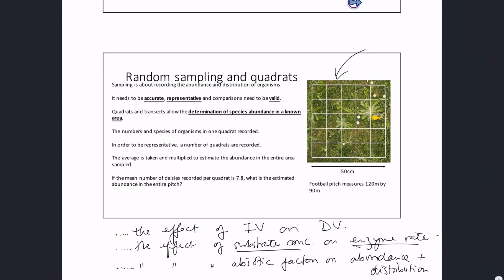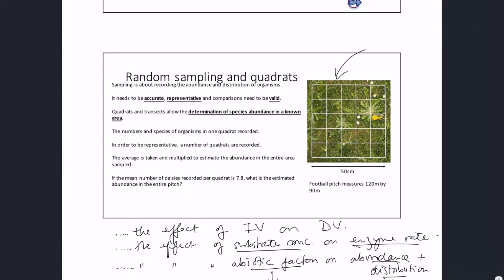So always remember what it is that you're measuring, what it is that you're looking for a correlation between or a difference between. Okay? So the effect of an abiotic factor on the abundance and distribution, this is our independent variable, this is our dependent variable. But the way we have to measure these things is slightly different in an ecological sample versus, for example, a laboratory investigation. Okay?